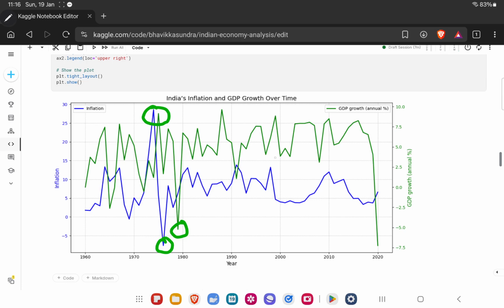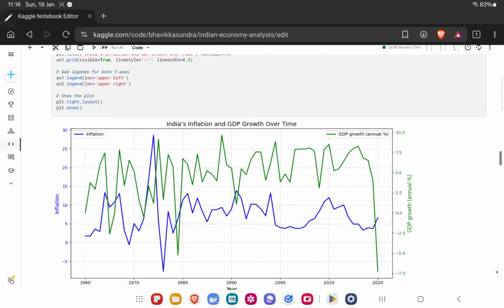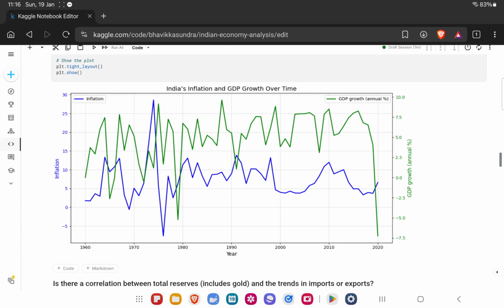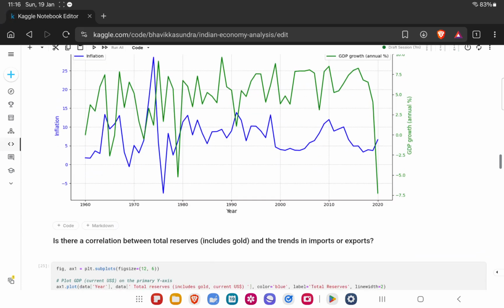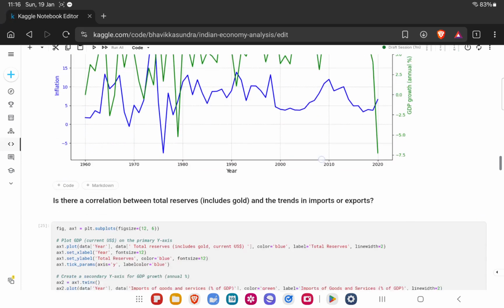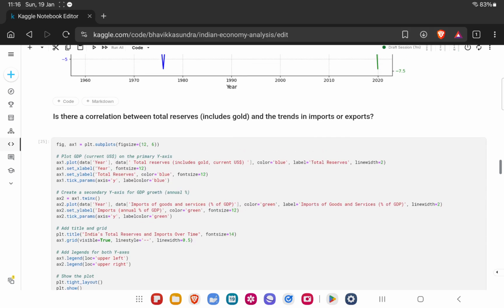We cannot recommend this as a particular theory because some theories might work and some might not. We can see that sometimes it is linearly proportionate and sometimes inversely proportionate. So we cannot recommend this as a theory. Let's keep it as a plot and let the financial analyst do the analysis. We go to the next question.